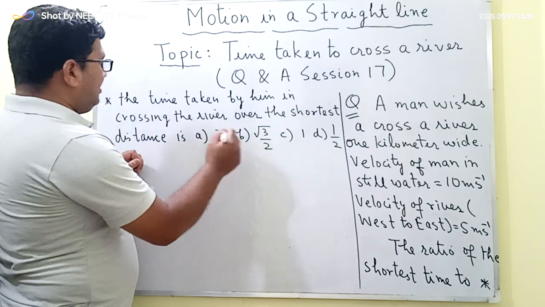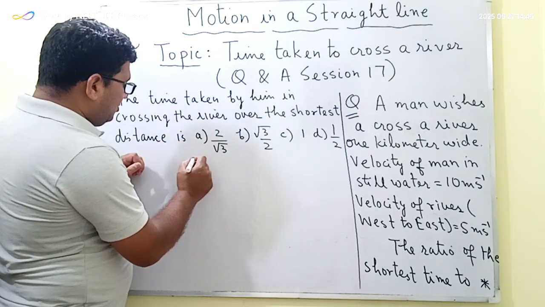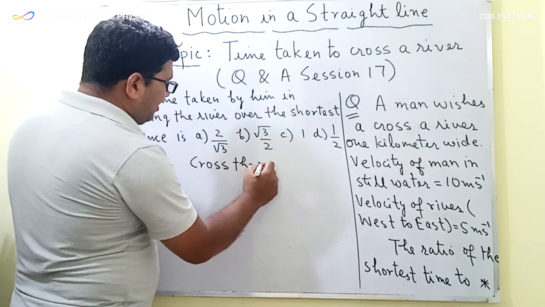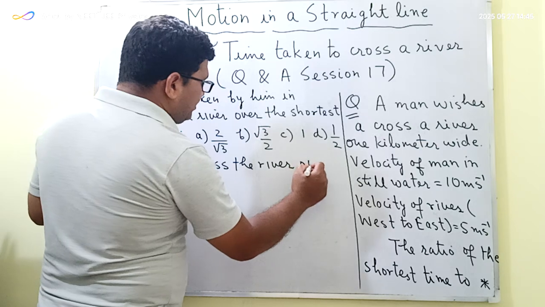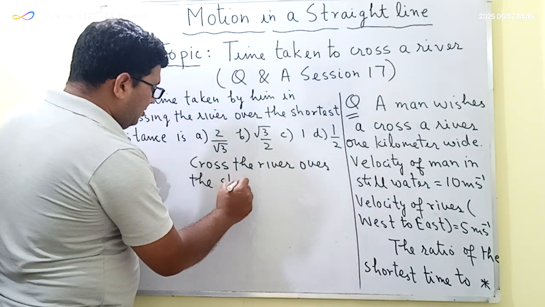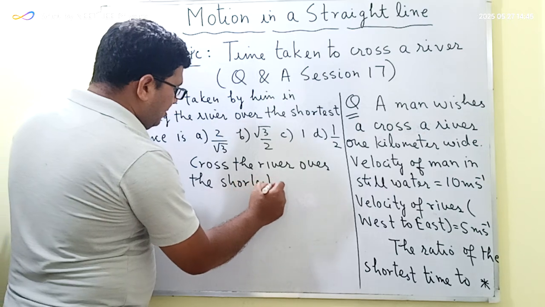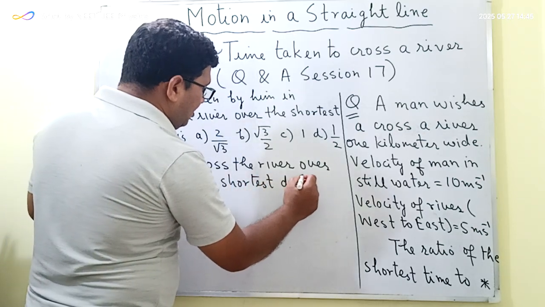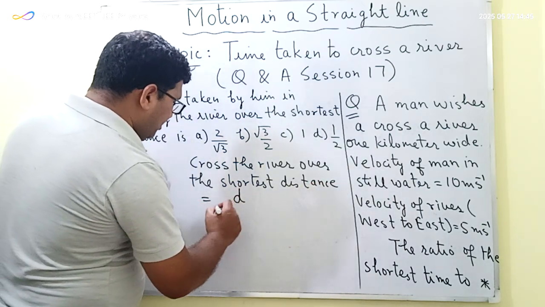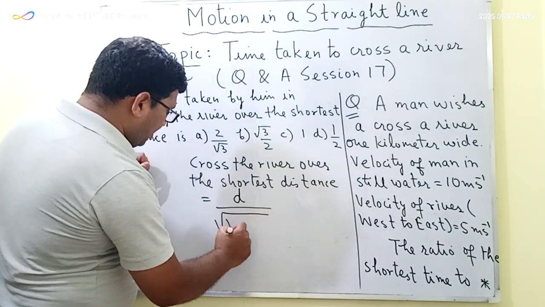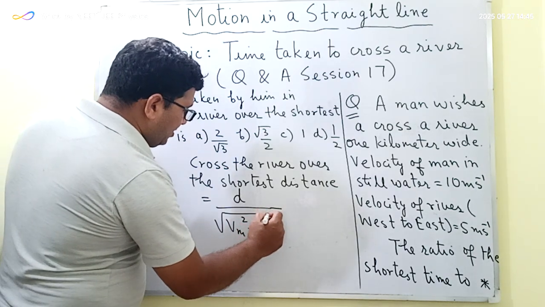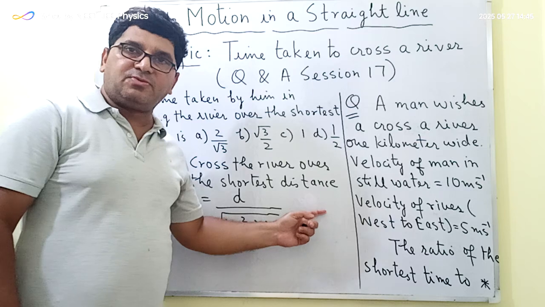So the time taken by a swimmer to cross the river over the shortest distance is equal to d divided by under root Vm square minus Vr square, and this is the formula which we have derived in session number 12.